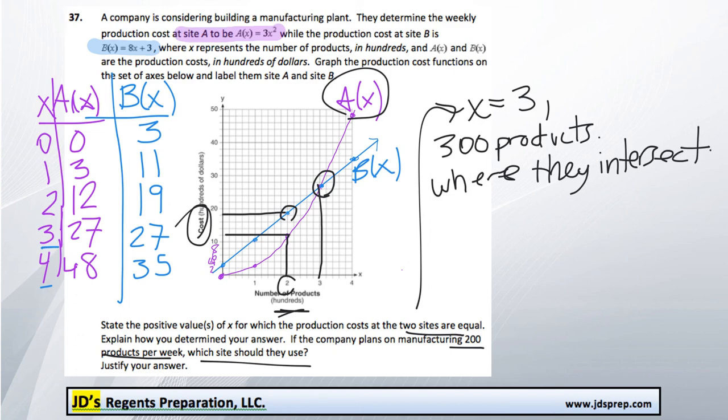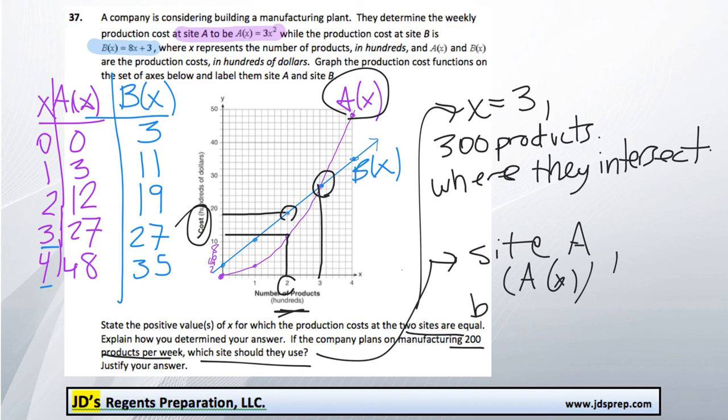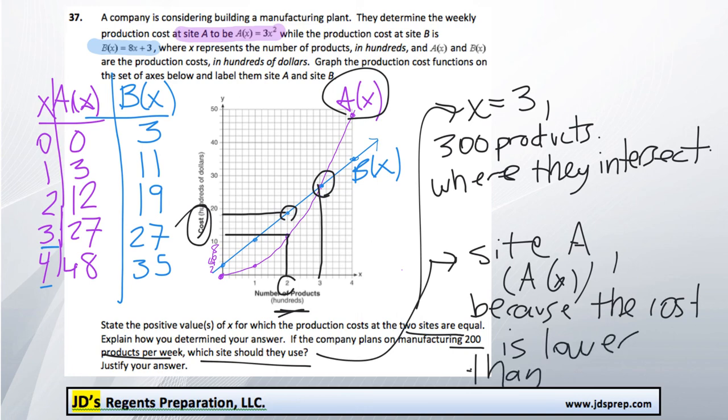That means that we should be using site A, because that's the function A of x, and that's because the cost is lower than site B. And that's because we're comparing the y values here, that it's less.